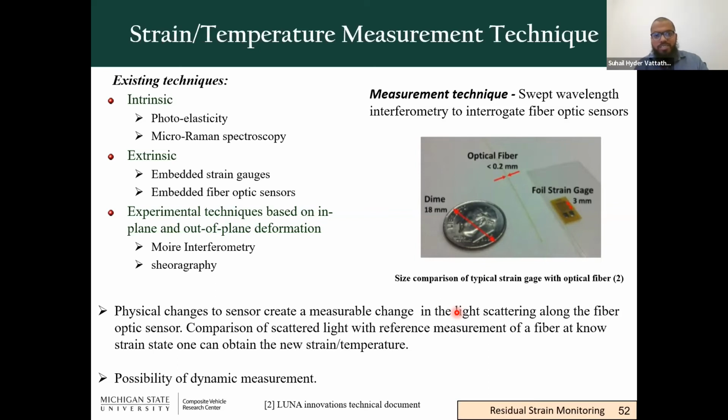But that is a huge assumption, because many times, especially when we did this particular project, we found that the amount of residual stress present within the structure is huge. It approaches the yield strength of the adhesive. And this study was mainly because there was no effective technique to monitor or quantify the residual stresses developed in bonded joints.